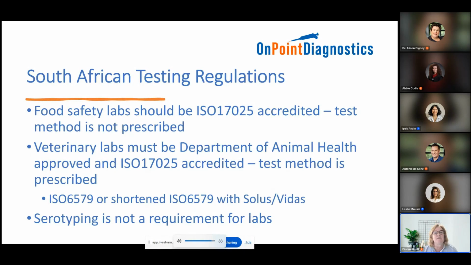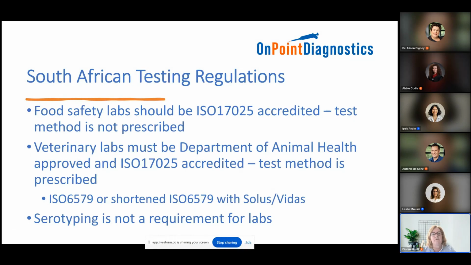And the test method for isolation is not prescribed unless they are testing for imports and exports, and then they have to use ISO 6579. Veterinary labs must be Department of Animal Health approved and ISO 17025 accredited. And then the test method is prescribed.